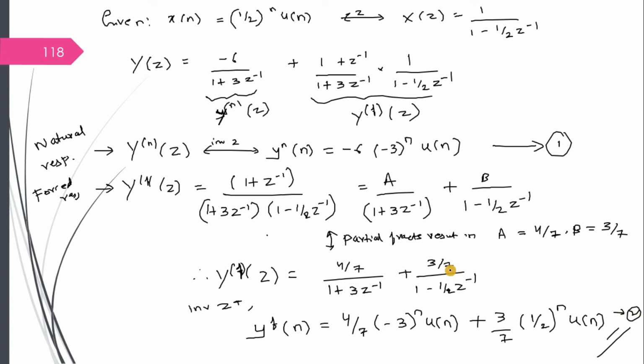Now I have been asked to find out the complete response. Complete response is the addition of natural response and forced response. So I'll do it now. Complete solution or response is y of n is equal to y f of n plus y n of n.